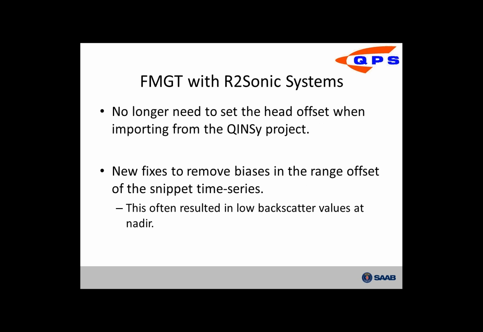This occurred during the production of the GSF files when you were importing from the Quincy project. Those biases often resulted in low backscatter values at nadir, and people saw that in their data. Both of those things have been fixed, but it's important to be aware of if you were dealing with these problems in the past.